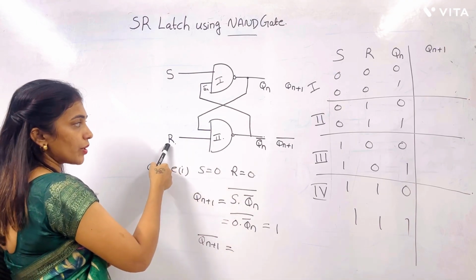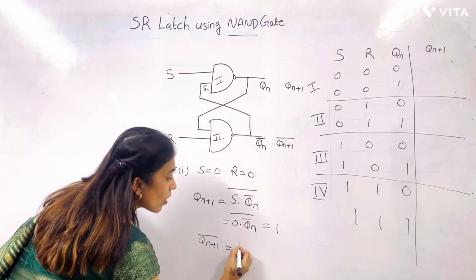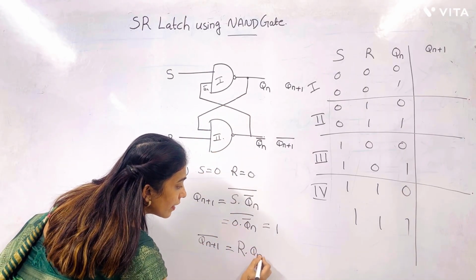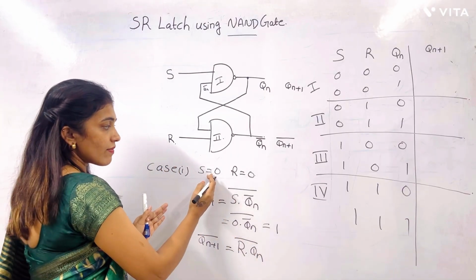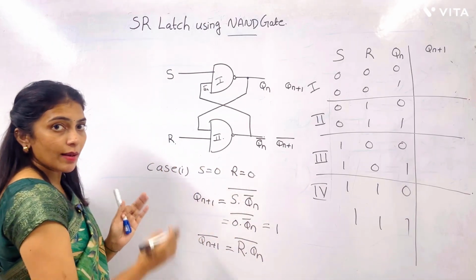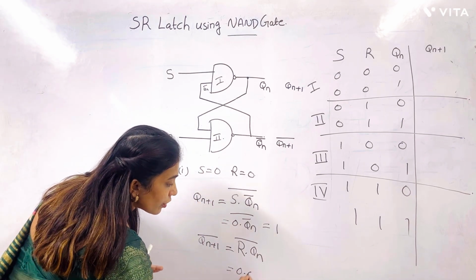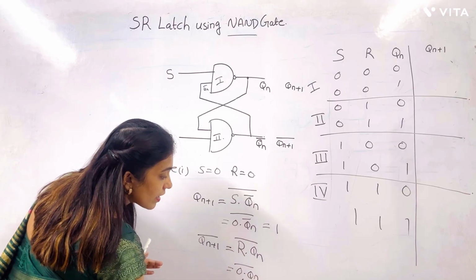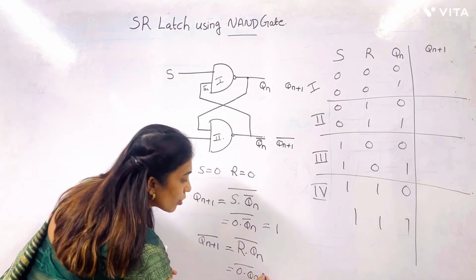One input is R and the other input is Qn. So R into Qn, whole bar. In this case R value is 0, so substituting, 0 into Qn, whole bar. 0 into any value is 0, and the complement gives 1.